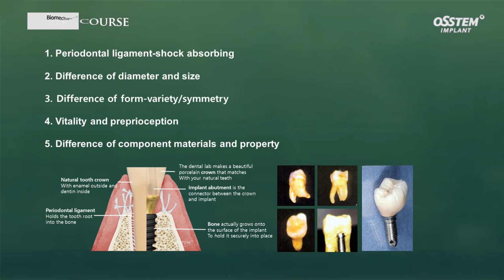Variety, symmetry differs. Vitality, proprioception exists within a natural tooth but doesn't in implants. There's difference in property between implants and natural tooth. To put it simply, compared with natural tooth, the implant in many ways has more unfavorable conditions.